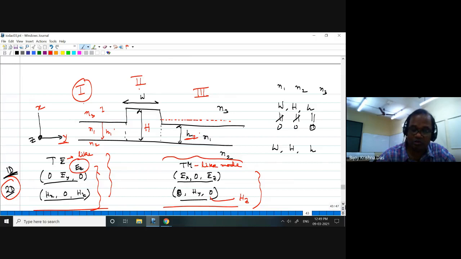This is too much to describe today. If you want to get a real feeling of this type of design, solve it yourself. Take one assignment and design a 1D waveguide. For example, Subarna, you can set one question that gives a capital H value and asks them to find a solution for the width and small h for a TE-like mode. Some kind of assignment you can give.